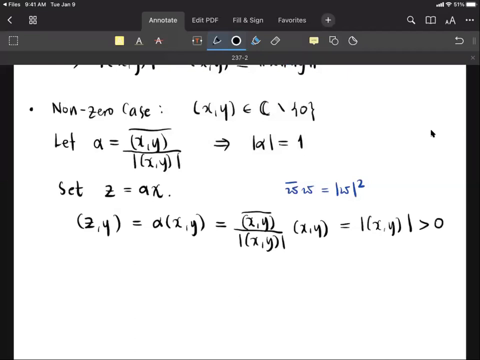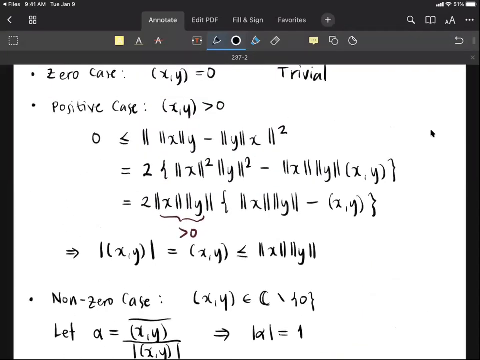So therefore, we apply the second point to this inner product. Okay, we mean this one. So we already know that the Cauchy-Schwarz inequality is valid for the case of a positive inner product.